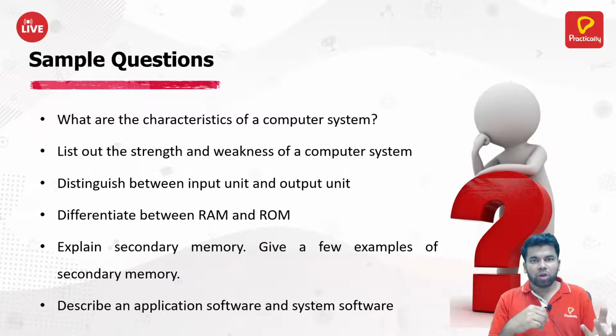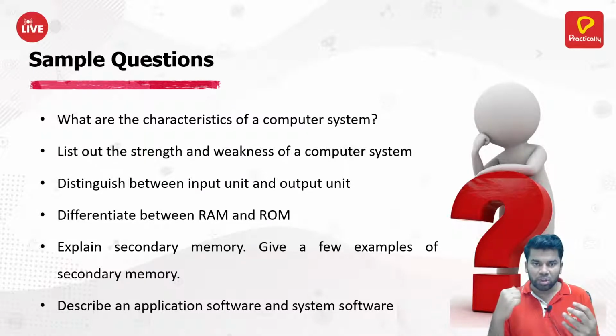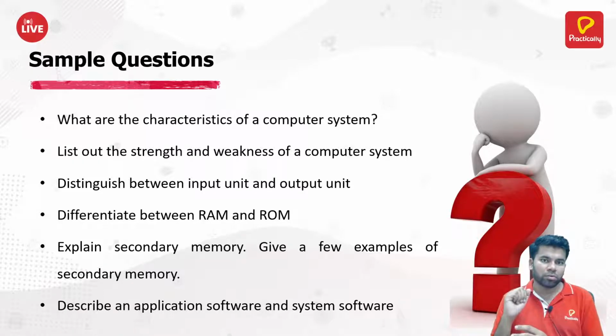You can use these application software only when the operating system is available. The purpose of application software is to perform a specific task for end user benefits. End user means users who directly interact with the application software for different educational purposes and business purposes. These are the differences between application software and system software.